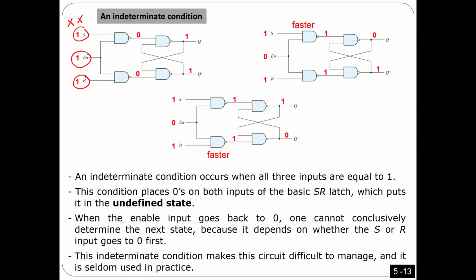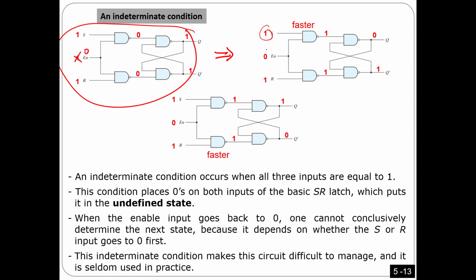What happens if I use it? If I use it, I will get here 0 and 0, and then I get 1 and 1. Is that okay? Then what happens after that? Now, if I move from this case and I make the enable 0, what's gonna happen? Now we still have 1 0 and 1 0.